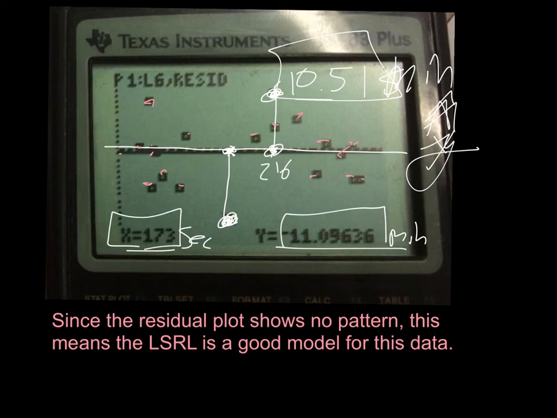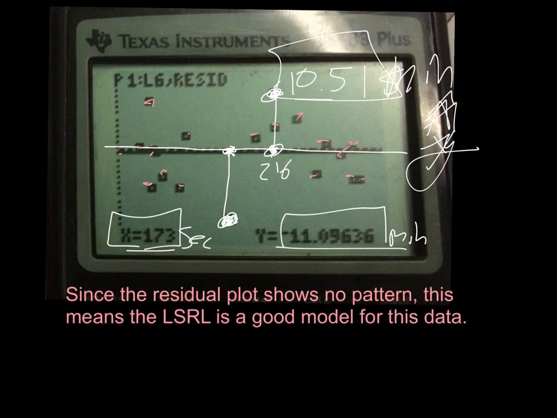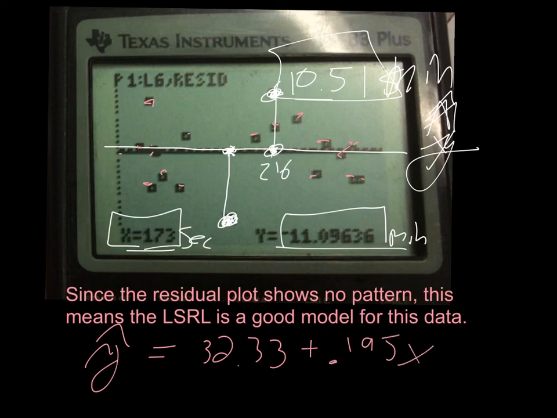That is, we've just shown that the linear model, or that this data itself, follows a linear pattern using the least squared regression line of y hat equals 32.33 plus 0.195x. It means that this equation is a good fit for the data itself. That's what the purpose of a residual plot is.